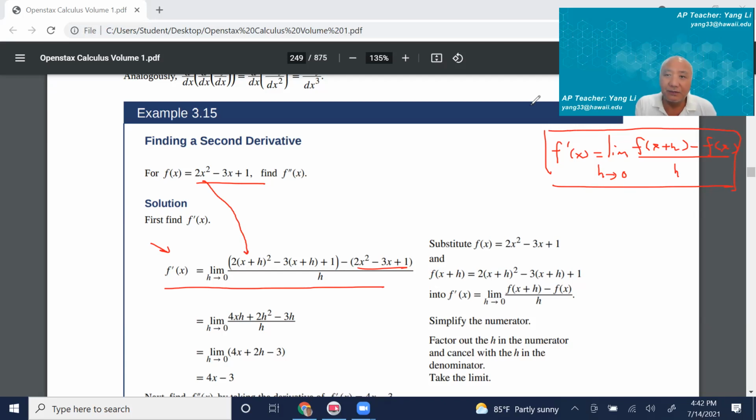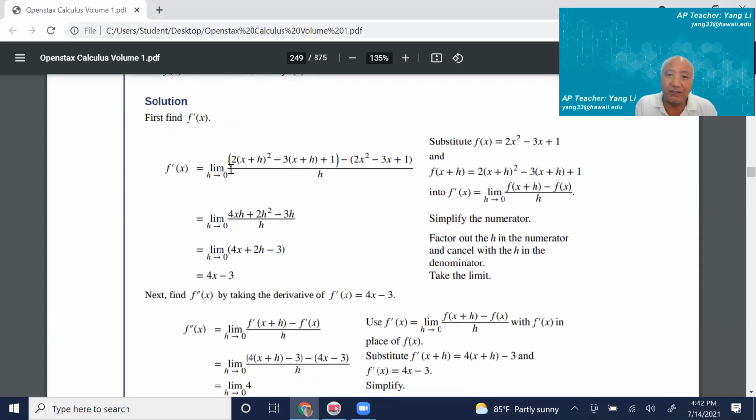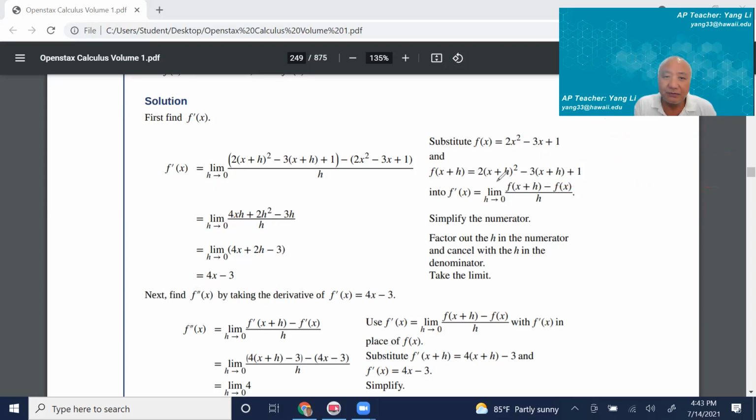After you get this, we're going to continue and break this one down. Let me show you more of the work here, so make sure you understand. We're trying to get f(x plus h). How do you find f(x plus h)? You simply go by 2 times this one minus this one.